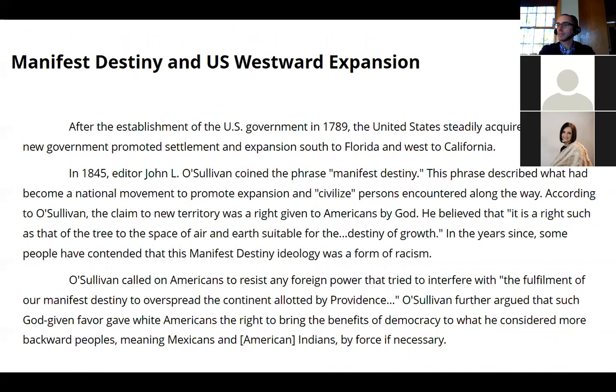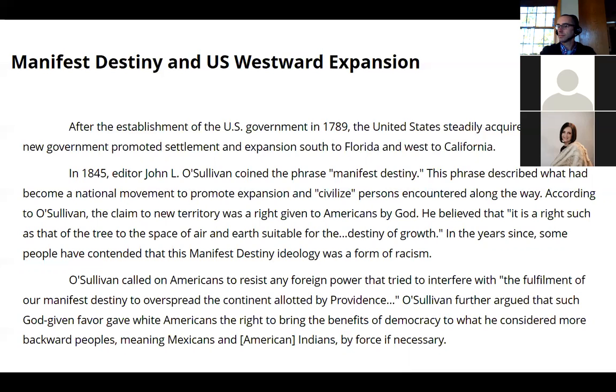After the establishment of the United States government in 1789, the United States steadily acquired land. The new government promoted settlement and expansion south to Florida and west to California. In 1845, editor John L. O'Sullivan coined the phrase manifest destiny. This phrase described what had become a national movement to promote expansion and civilize persons encountered along the way.